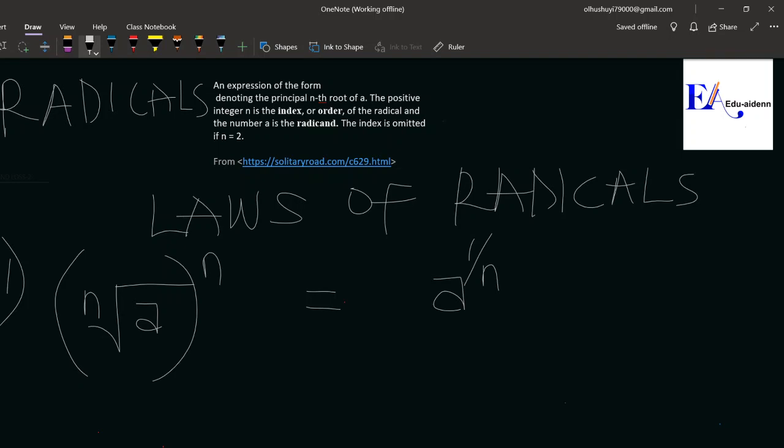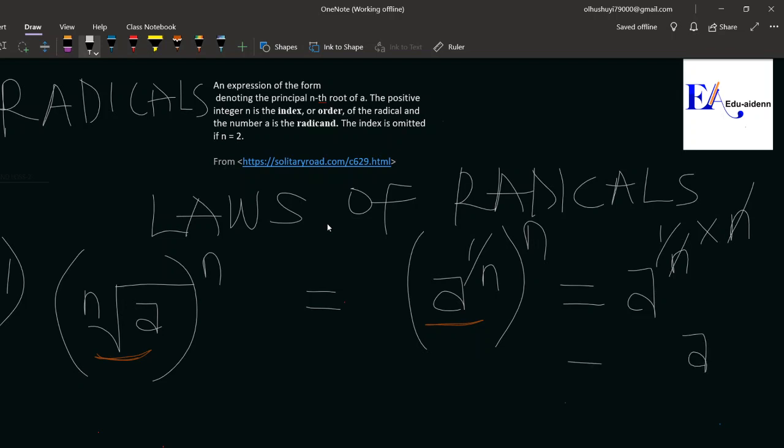That's the meaning of this. Then you now maintain the brackets. You put n there. So what happens to these two? Power law comes in. Then you have a raised to power 1 over n times n. This cancels out. Your answer becomes a.